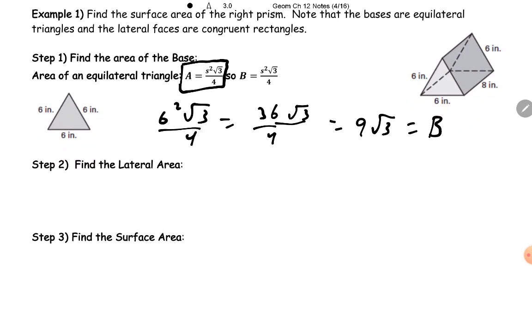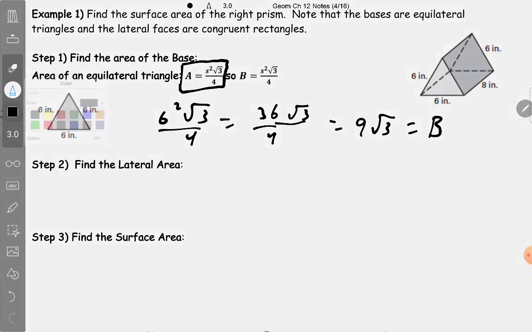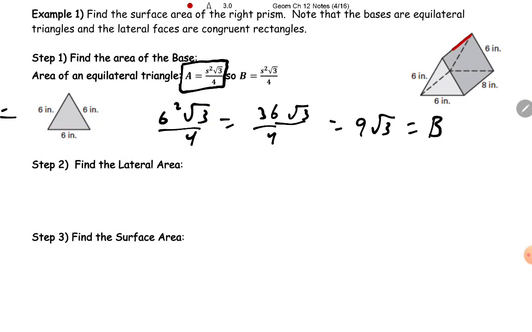My lateral area is all the other sides. So let me take a look here. We have this side here, the red side, and that's just a 6 by 8 rectangle. So that's 48.